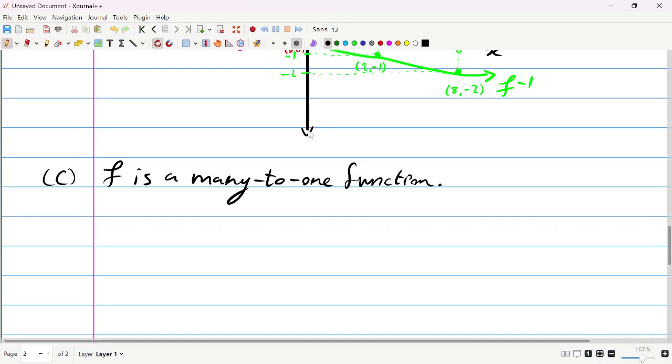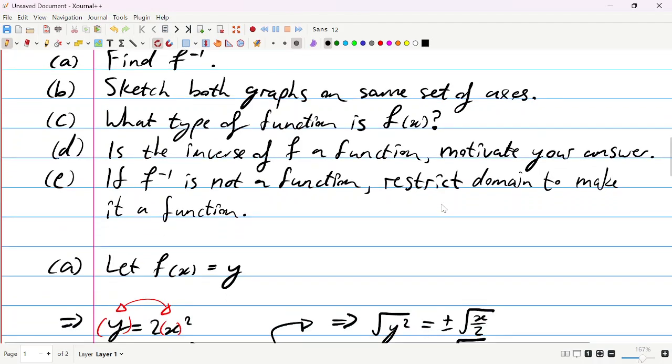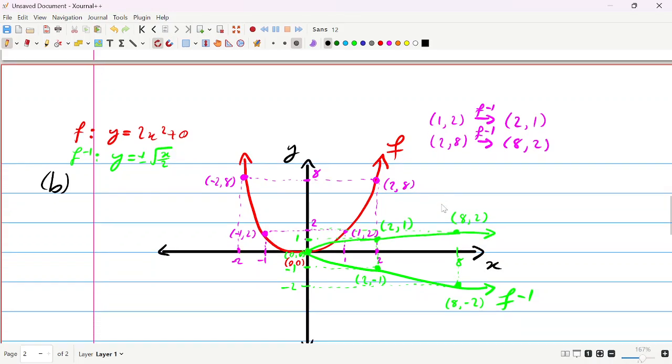Alright, that's number C. Now what's the next one? Number D says, is the inverse of f a function? Motivate your answer. So is the inverse of f a function? Let's see this horrific looking function. So we need to take the vertical line test first to see if it is a function, right? So this is a vertical line, believe it or not. I'm going to rather do it here so that I can grab the whole thing.